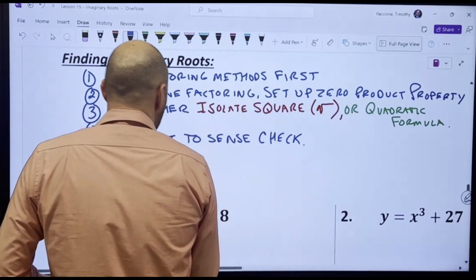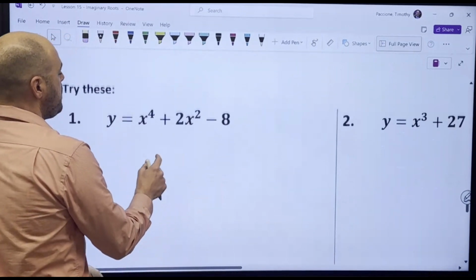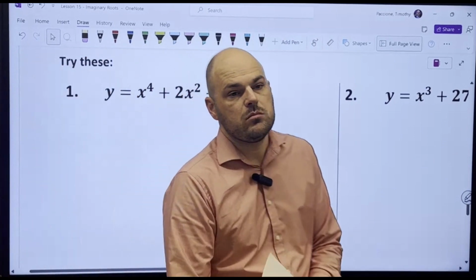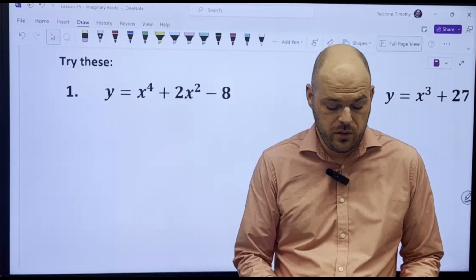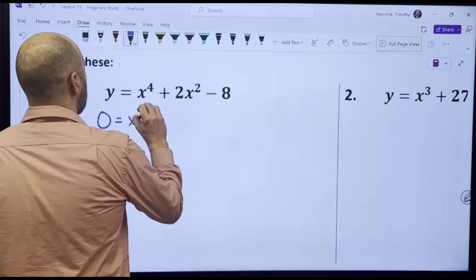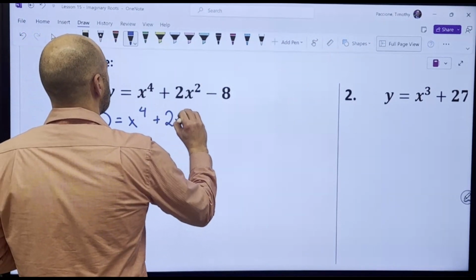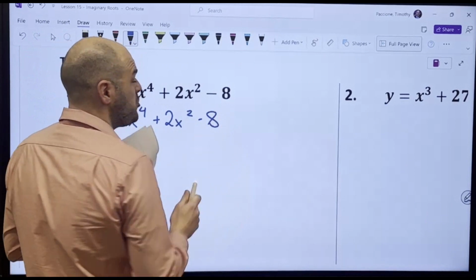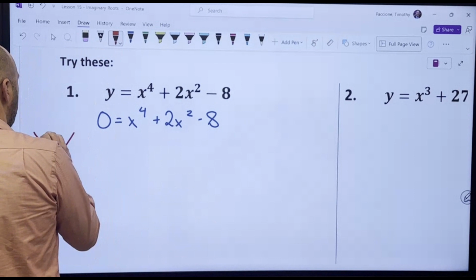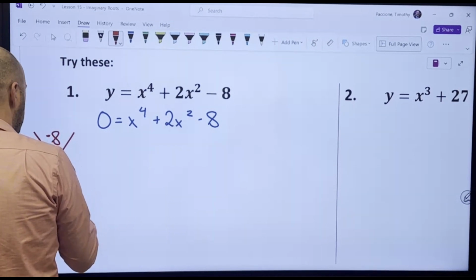All right, so we start out with this one, right? We're going to set it equal to 0 because we're trying to solve, right? We're trying to find those roots just like we have been doing, right? Now, if I set this equal to 0, I notice I have x to the 4th, x squared, and a number. So I'm going to try for quadratic form. So I'm going to magic x, and I have -8 and 2.